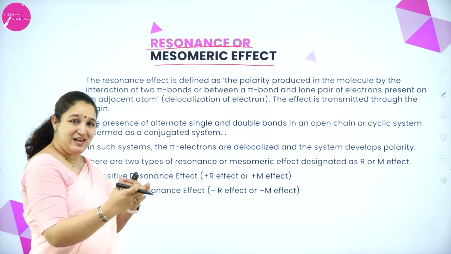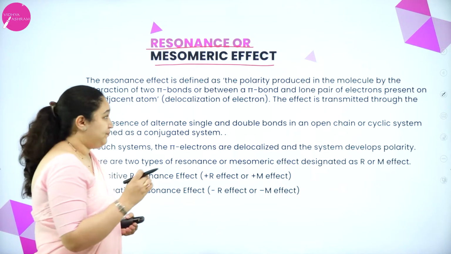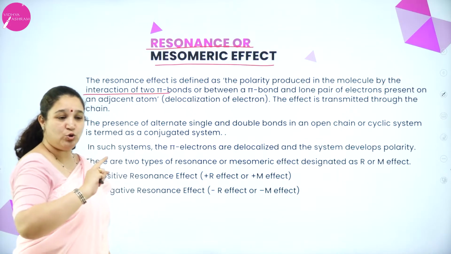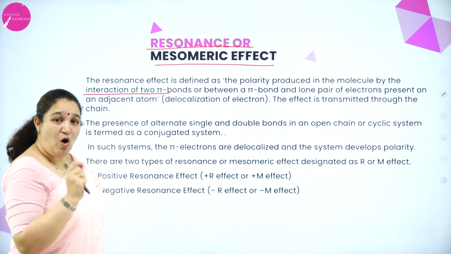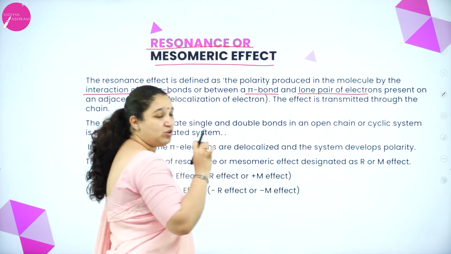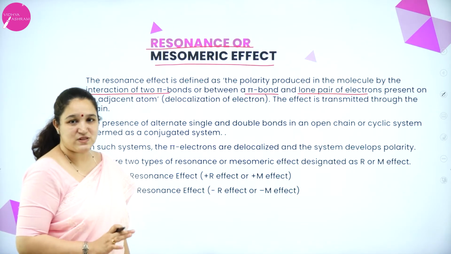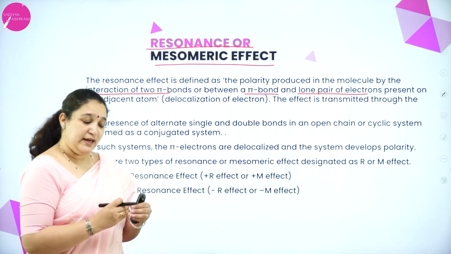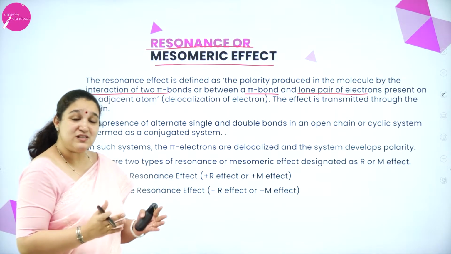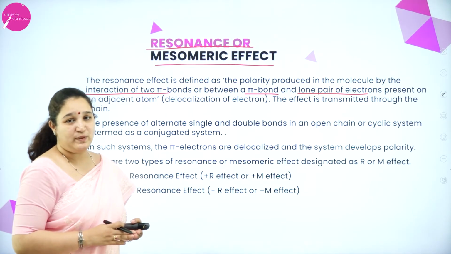So polarity is developed in the molecule because of the interaction of two pi bonds, or the interaction between a pi bond and the electron pair present on one of the adjacent atoms. Then the interaction produces a polarity in the molecule. This is called resonance effect, or we can also call it mesomeric effect.